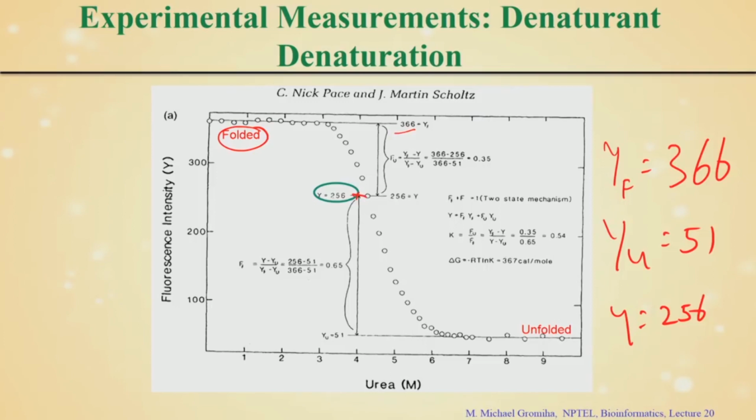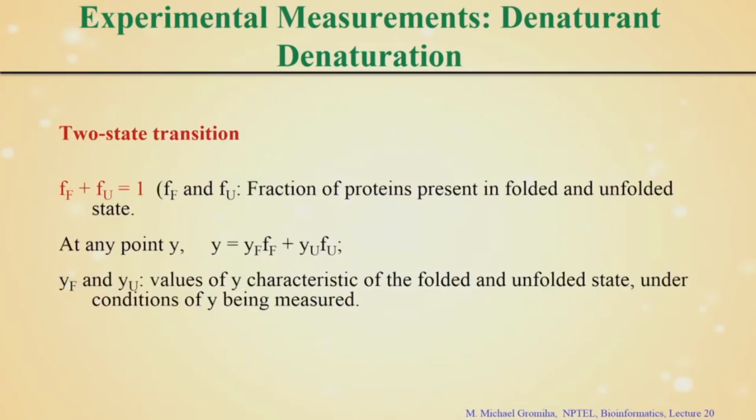If you take any point and add up the contribution of folded plus the contribution of unfolded, this equals 1. Here it is fully folded, here unfolded, and any point in between is a fraction. So the fraction y is y equal to yf into ff plus yu into fu.